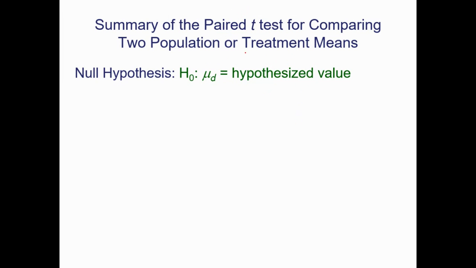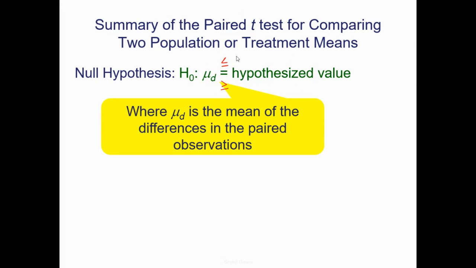Remember, dual credit, you can have equals, less than or equal to, greater than or equal to, as long as there's an equal to in there. This is what we're putting in right now. Now, what is mu D? Mu D is the mean of the differences in the paired observations.